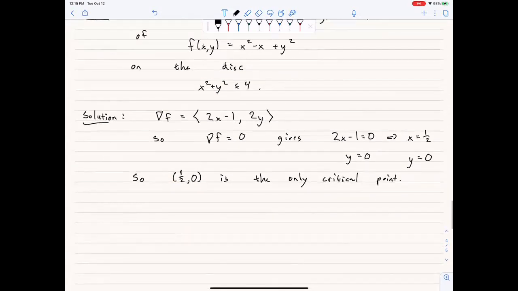Now, you could quite easily get the local behavior of this point. Let's do it just for fun, but it's not necessary to this particular problem. So local behavior: we find the Hessian at this point. Well, the Hessian in general really is the same at this point, it's constant. We'll get a 2, 0, and a 0, 2.